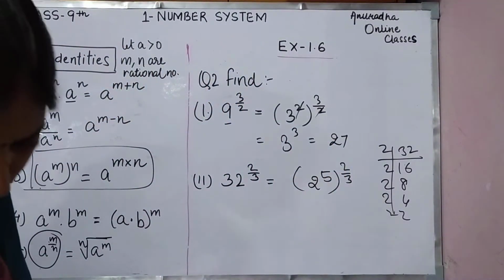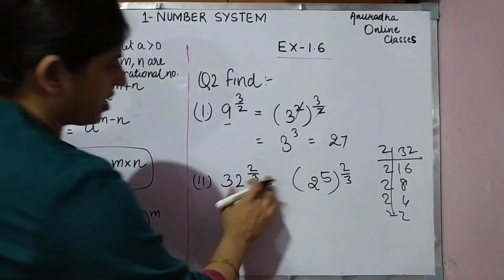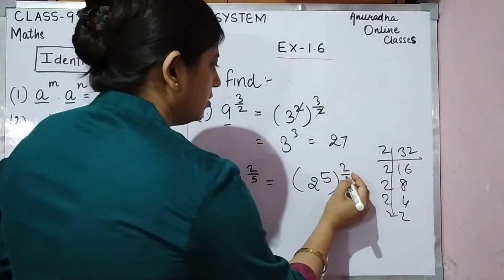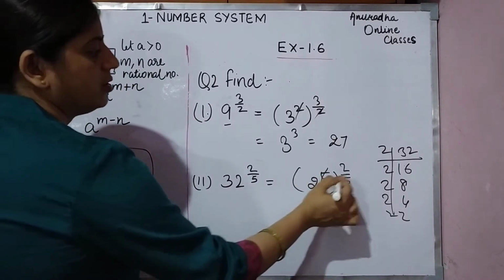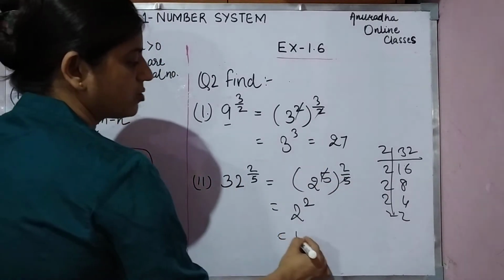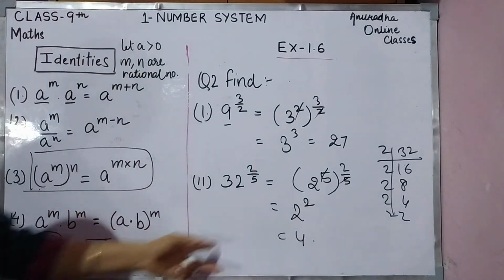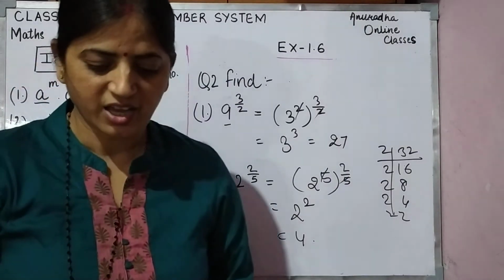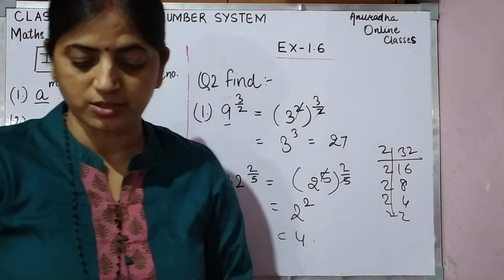This is the question, no? No, it's 5. Here it's 5. Okay, so this one is cancelled. What is left? 2 का square, that is equal to 4. So this is also based on this only. इसी तरह से हम ये वाला कर लेंगे. Let's come to the next question.